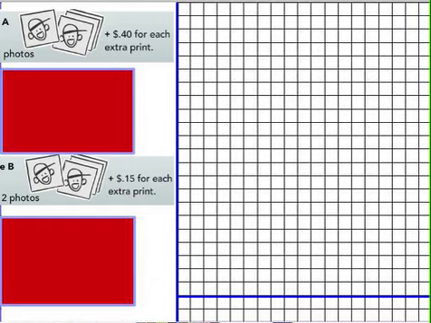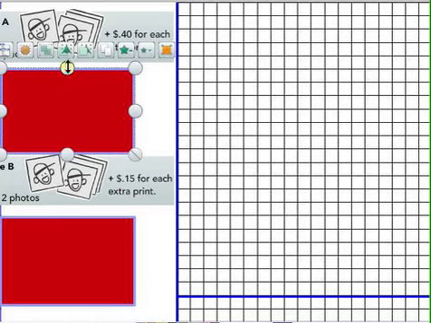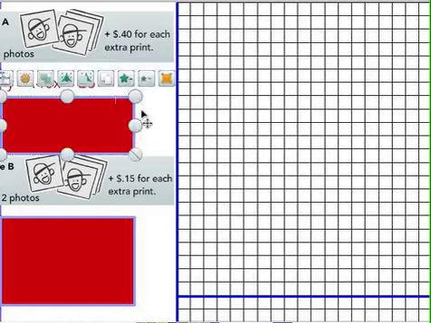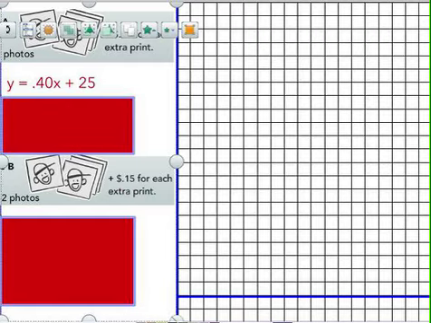For our first package, since 40 cents is for every extra print and x represents the number of pictures you have, we're going to do y equals 0.40x plus 25, because $25 is the lowest price you're going to pay. So that's your initial value.